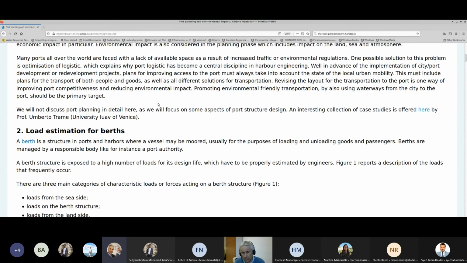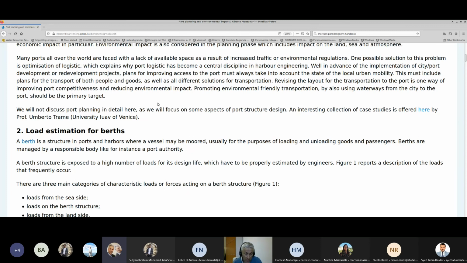We will not discuss logistics, as I said, and also we will not discuss port planning in detail, as we will focus only on some topics related to port structure design. In particular, we will focus on the estimation of loads for the berths and the loads originated by the sea waves, originated by the interaction between the port and the sea.